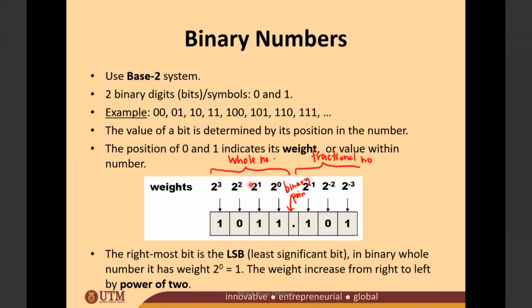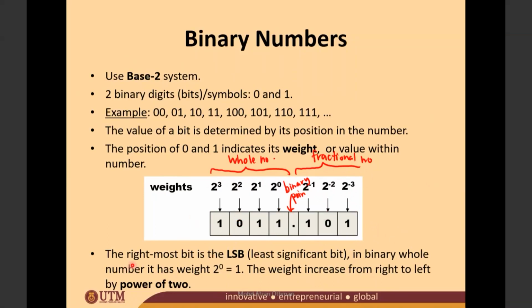Okay, so 2 kuasa 0, 2 kuasa 1, 2 kuasa 2, 2 kuasa 3. Okay, meanwhile, for the fractional number, started with 2 minus power 1, 2 minus power 2, 2 minus power 3. Okay, and then kamu darab dia punya weightage dan kamu dapatlah dia punya value dalam bentuk decimal selepas tu.